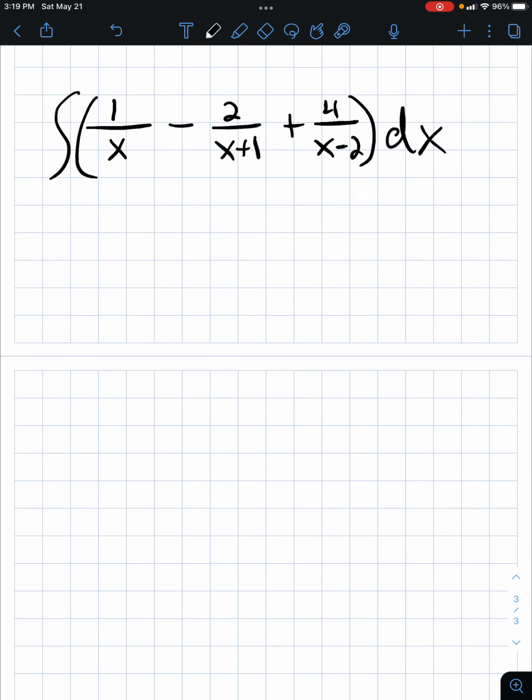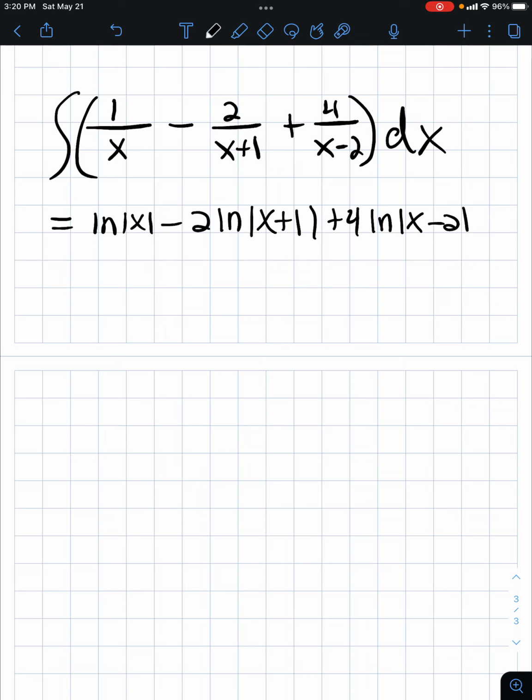The integral is equal to the natural log of x, minus 2 times the natural log of (x + 1), plus 4 times the natural log of (x − 2), plus K, our arbitrary constant.